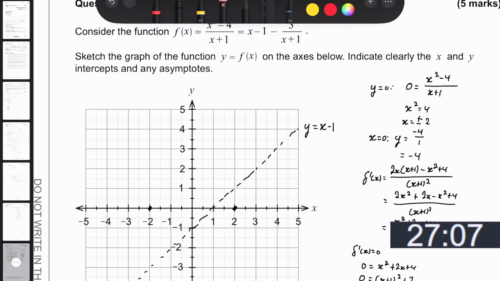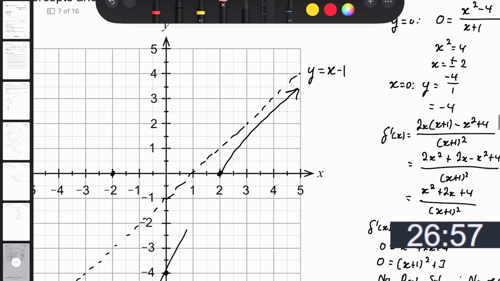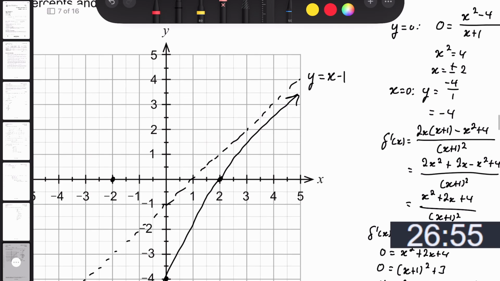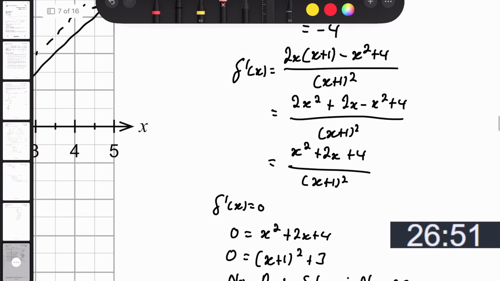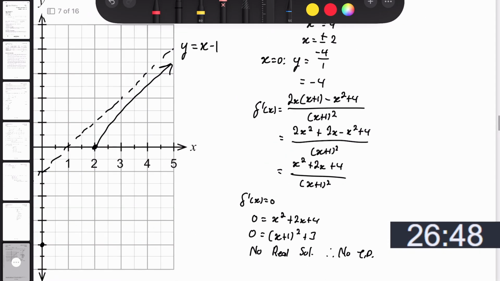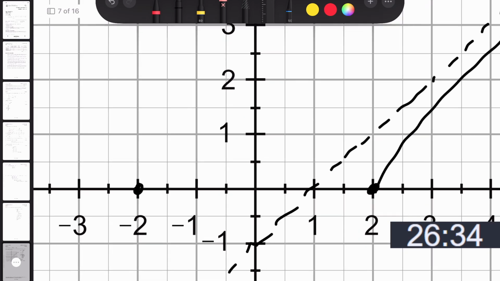When x is less than negative 1, I'm going to have to follow it like that. No solutions to this. Clearly indicate the x and y intercepts with any asymptotes.